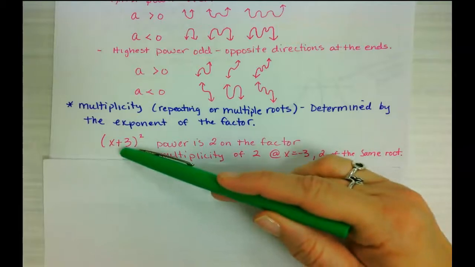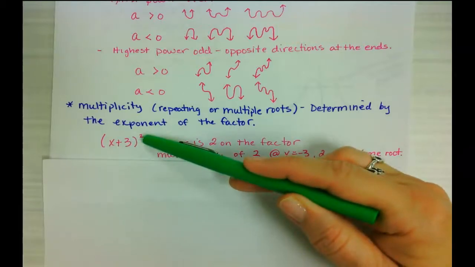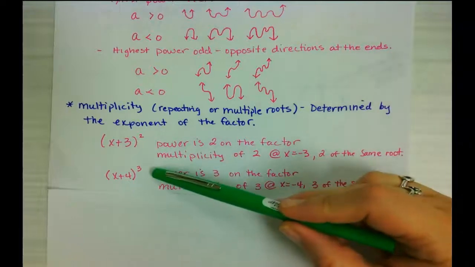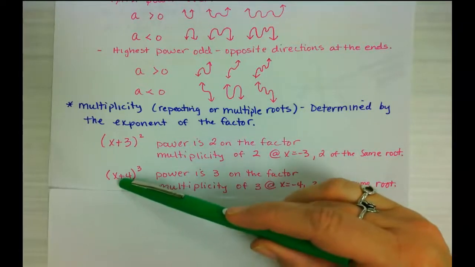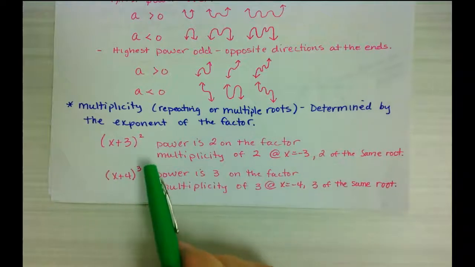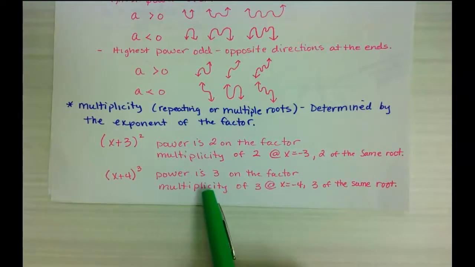So it's occurring at -3, and you have 2 of the same root at that point. If it's odd, then it's happening at this place. So we have x at -4. But this is odd and it's a 3, so it would be multiplicity of 3. So then you might write m3, and it means you have 3 of the same root at the same point.